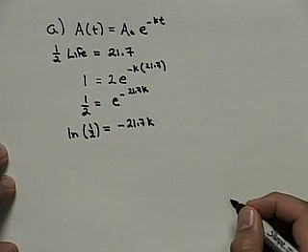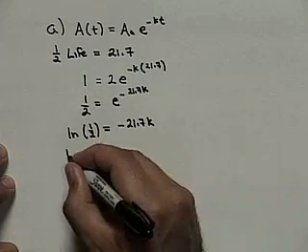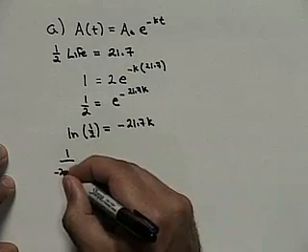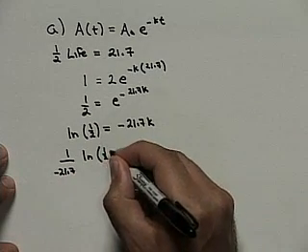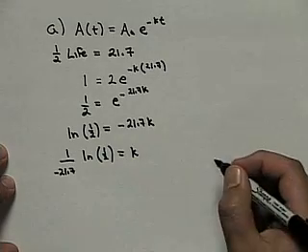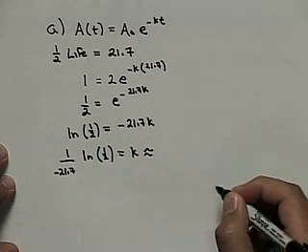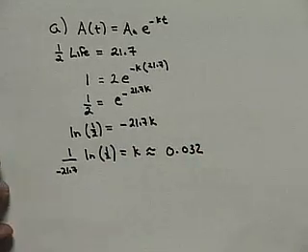Then multiplying both sides by 1 over negative 21.7 to isolate k, we have 1 over negative 21.7 times the natural log of 1/2 equal to k. And that's the exact value of k. If we put this into a calculator, it would round this value to 0.032.